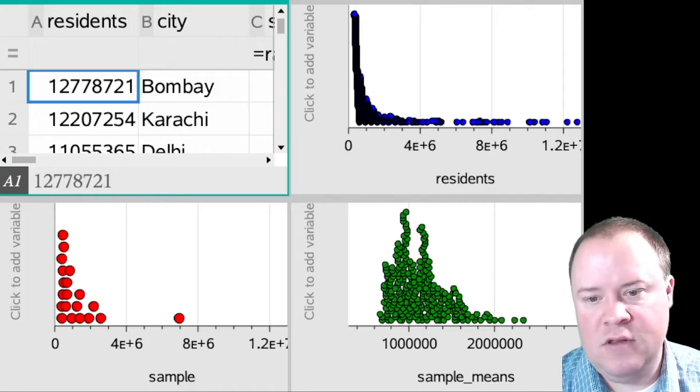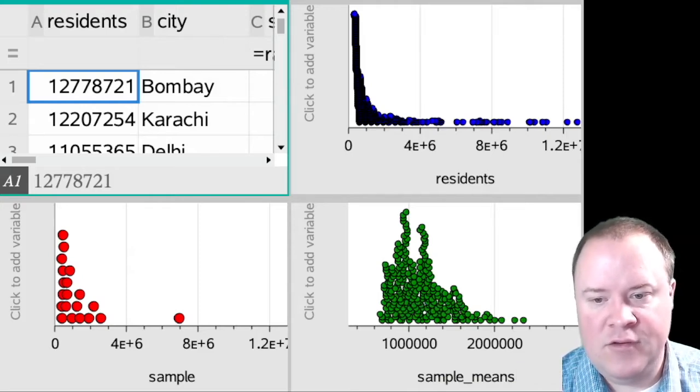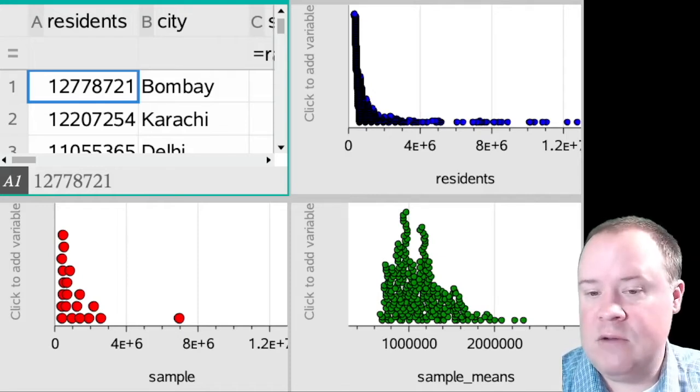You might say, well, no, it still is really spread out. You still have everything from about 500,000 all the way up to 2 million, 2.5 million, we'll say.